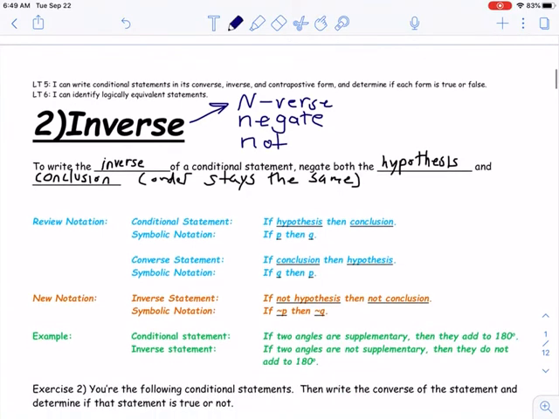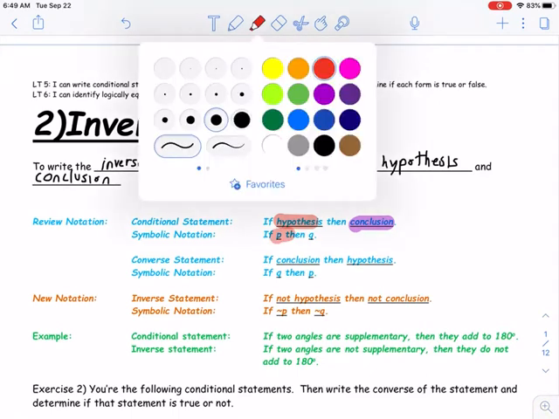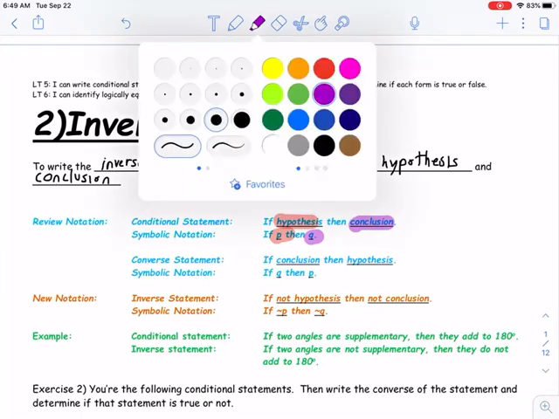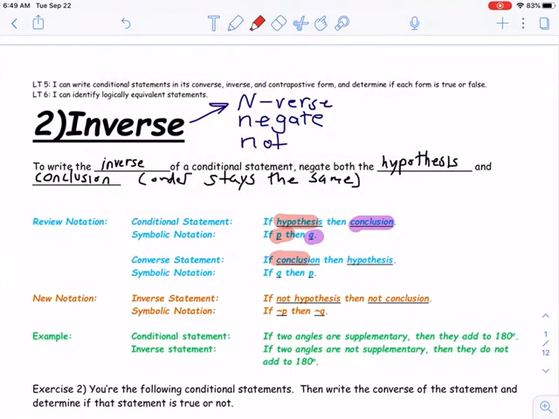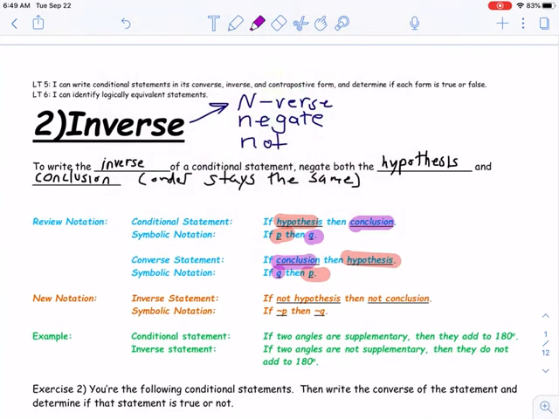Anywho, if hypothesis, then conclusion. That's our conditional statement. If P, then Q. Alright. Then we have the converse, where the hypothesis is in the back and the conclusion's in the front. That's what we just did.